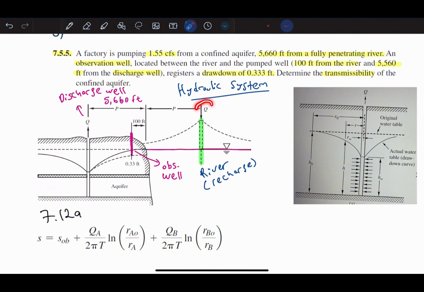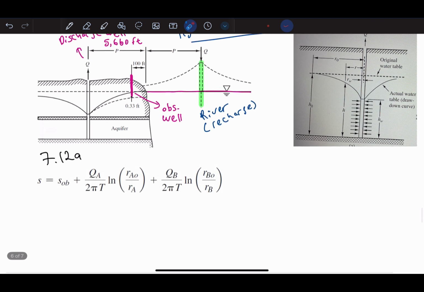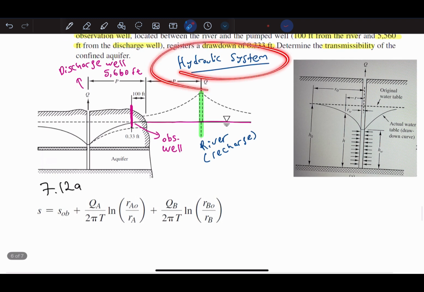And as I mentioned, it is placed at the opposite location with the same flow rate, or same strength, and its location is also the same. So it is 5,660 feet from the river. This is the most different thing from the previous question. So let's continue with this hydraulic system.